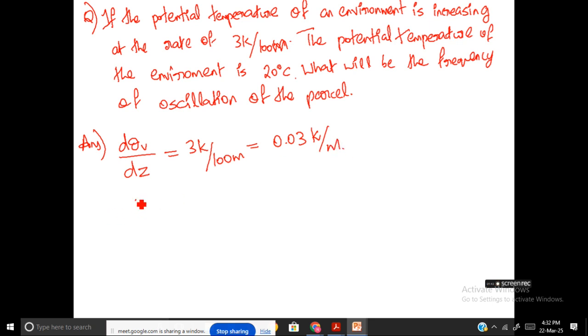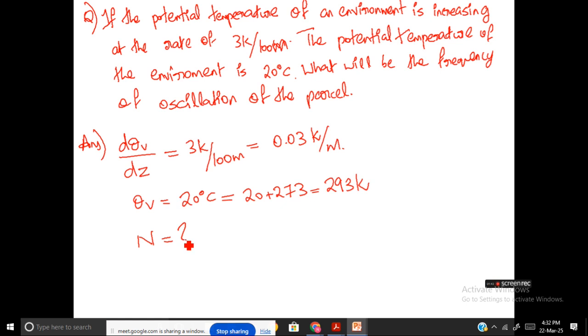And the potential temperature of the environment, theta v, is also given, which is 20 degrees Celsius, which is basically 20 plus 273, 293 Kelvin. And then what will be the frequency of oscillation?